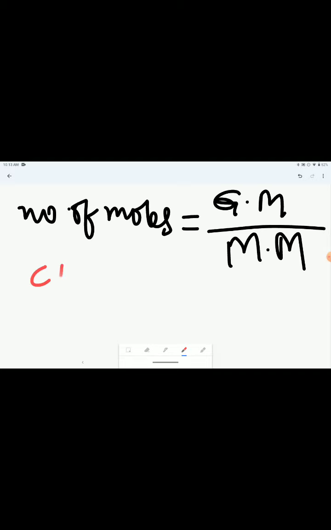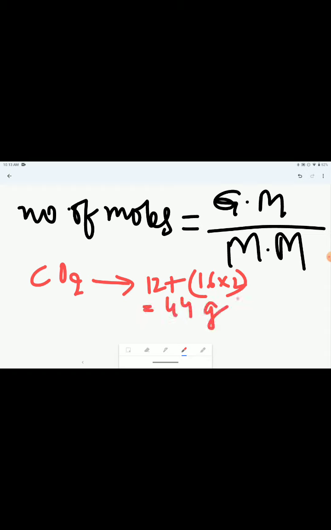Let us take CO2 as the example. The molar mass of CO2 is 12 plus 2 into 16, which is 12 plus 32, which is 44 grams per mole, or gram mole inverse.